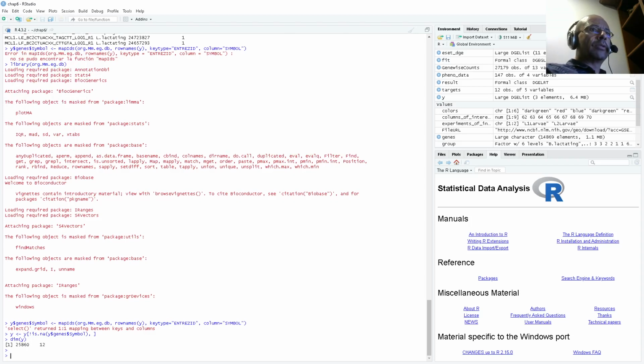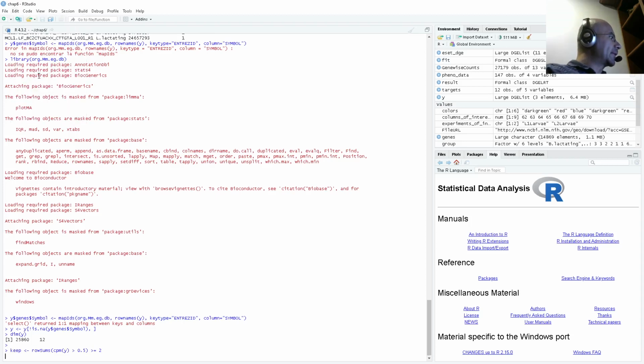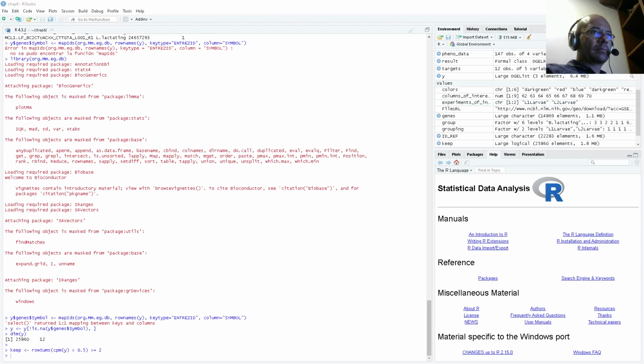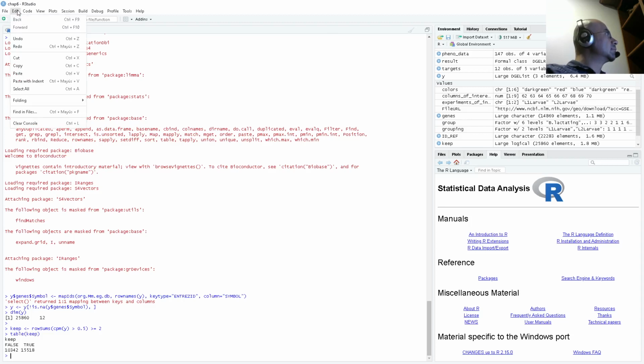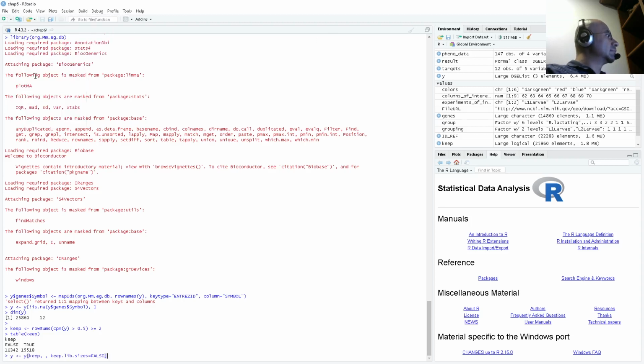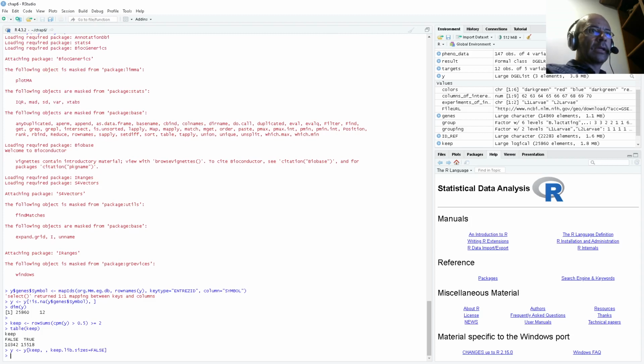Filtering out genes with small values that are not significant for differential expression analysis. Normalizing data to eliminate composition biases.